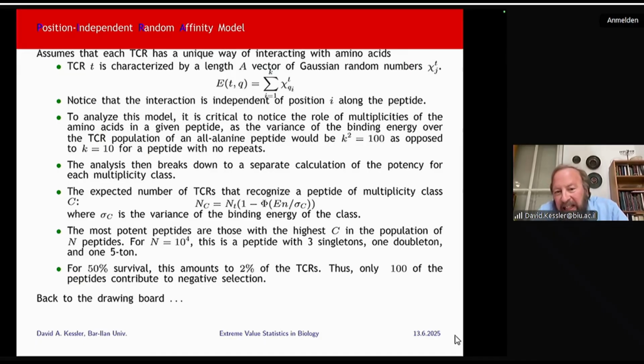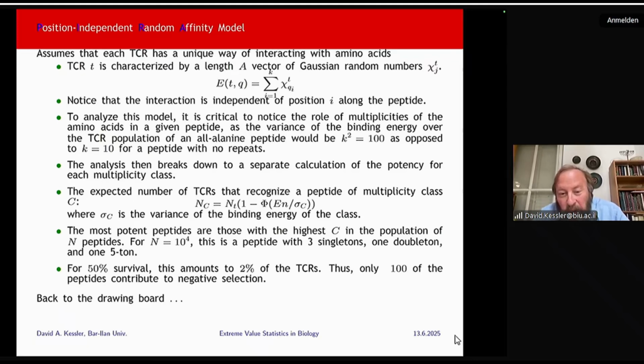And now we want to analyze this model, and it's a little trickier. It turns out the critical thing here is the role of multiplicity of the amino acids in a given peptide, because each of them has the same mean, but the variance varies wildly. If you have an all-alanine peptide, 10 different A's, then the variance of the binding energy would be 100, as opposed to 10 for a peptide with no repeats.